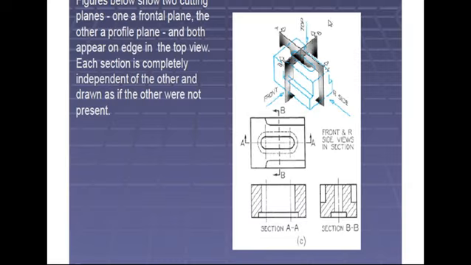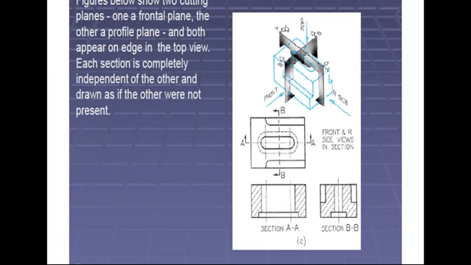Now one more example is given here. When there are two cutting planes in one example, this is one object, and here it has two cutting planes: cutting plane A and cutting plane BB. When there are two cutting planes, how do we draw the sectional view of this object?